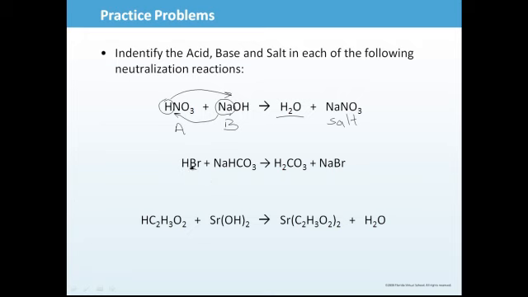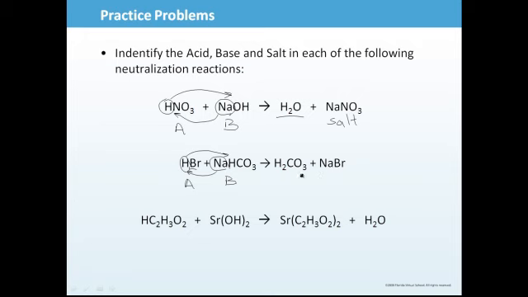So the hydrogen is given up to the HCO3. And this one again happens to be a double replacement. They don't all end up that way. Replaces the H. So the HBr is our acid. Sodium bicarbonate, that happens to be baking soda, is the base.